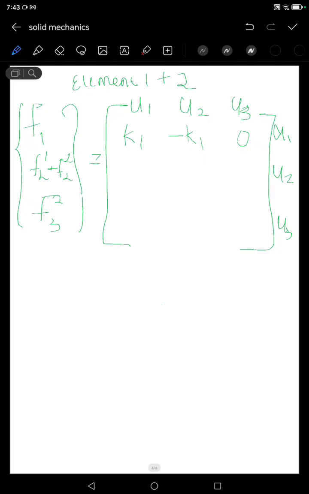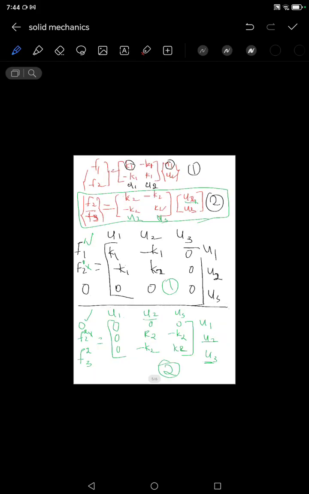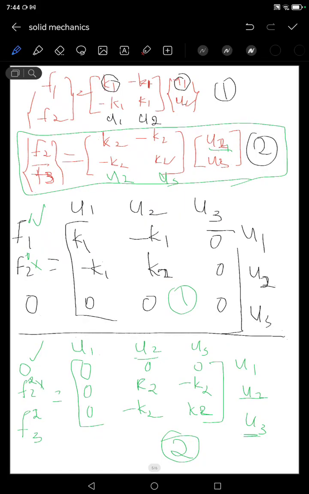Let me just write the values here. So u2 and u1, we're going to have a negative k1 here. And then u2 and u2, we're going to have k1 plus k2. Now we're focusing on u2 and u1: here it is 0, and here it is negative k1, so negative k1 plus 0 is going to be negative k1.